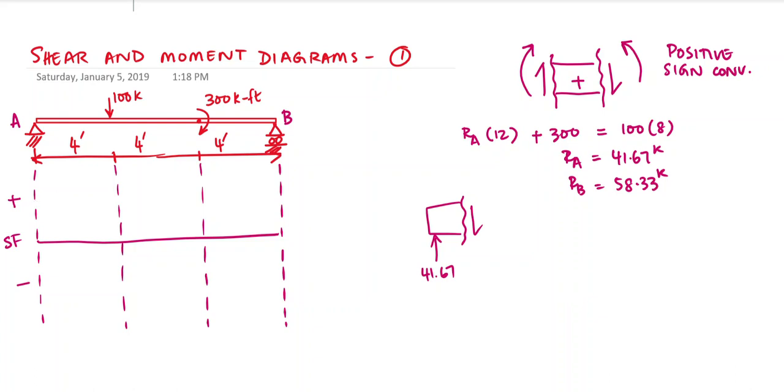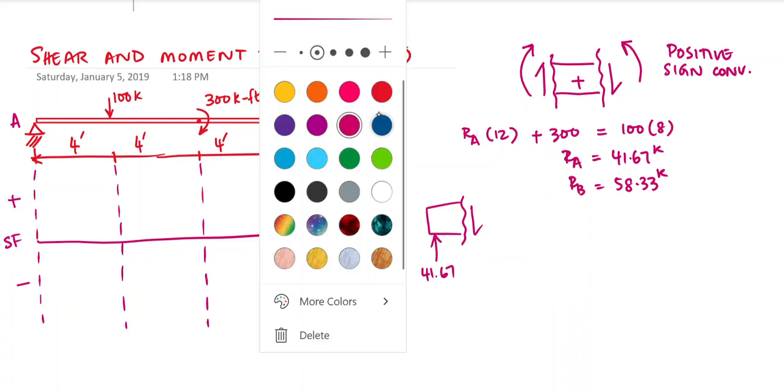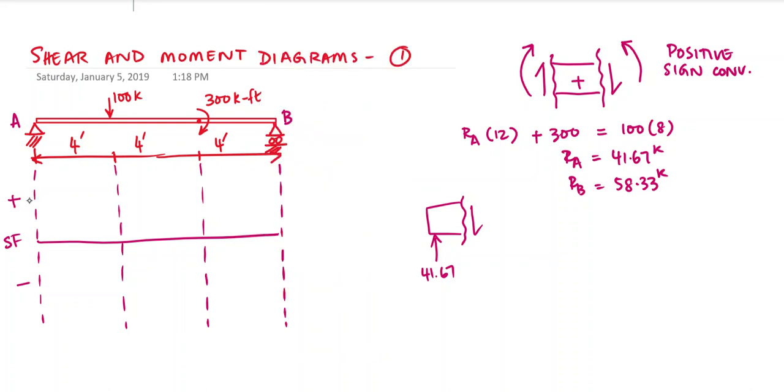So the first point in your shear force diagram is going to be 41.67 kips, which is positive. So here you can mark 41.67 positive. That's the first point in your shear force diagram.